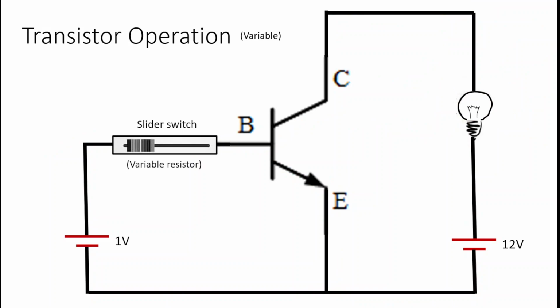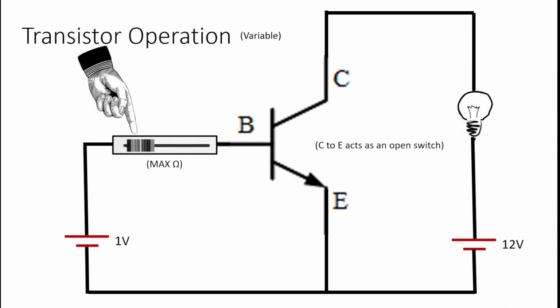Let's look at a transistor with variable operation. This is a variable resistor or a slider switch, so it's going to operate a little bit different. Again, I got my load, 12 volts and 1-volt source. Right now it's set at maximum, which means there's no current flowing into the base terminal.